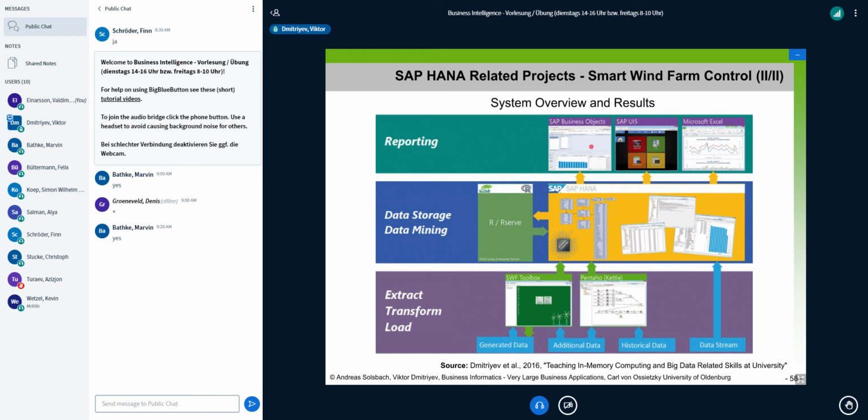On top, they put a self-developed reporting. There is something called SAP UI, which I think is not existing, or it exists as OpenUI5. It exists, but for commercial projects it's mostly replaced by Fiori. We also have Excel here, which is still a useful tool for reporting, not for data management.